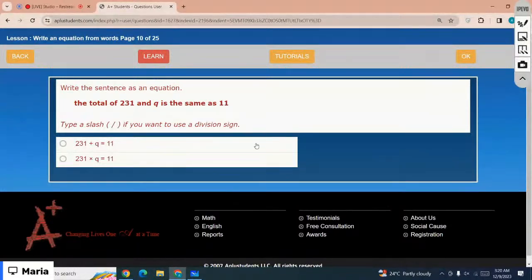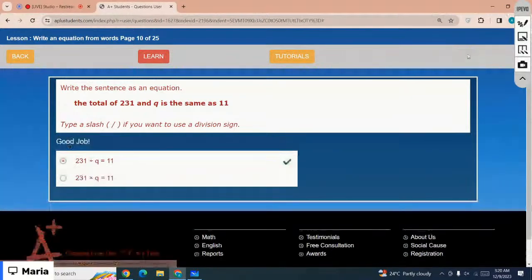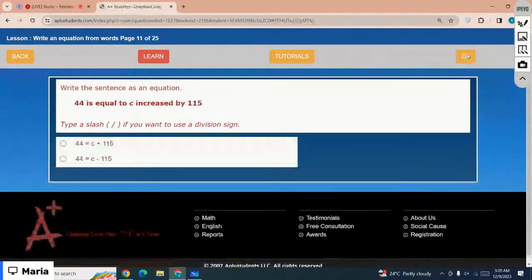Option number 1 is the correct option. 44 is equal to C increased by 115, which is the correct option? Increased means you need to add. So the correct option is 44 is equal to C plus 115. Option number 1 is the correct option, right?